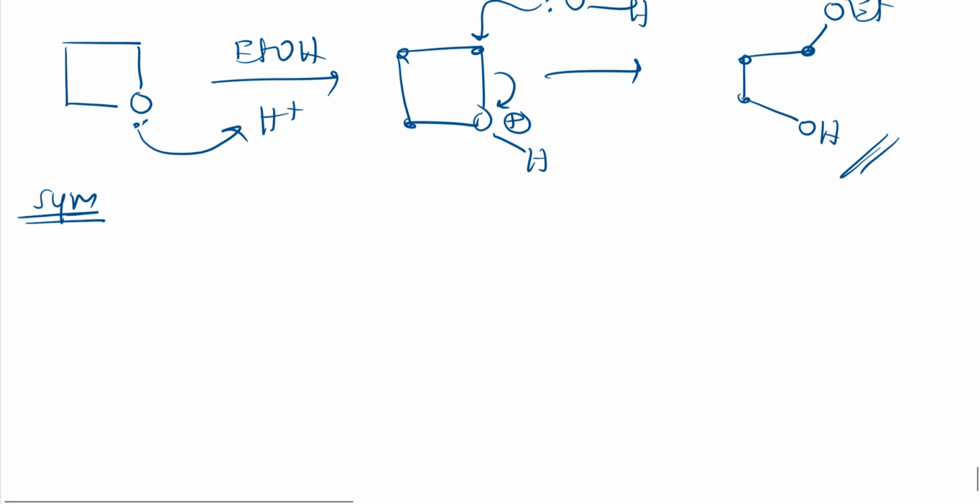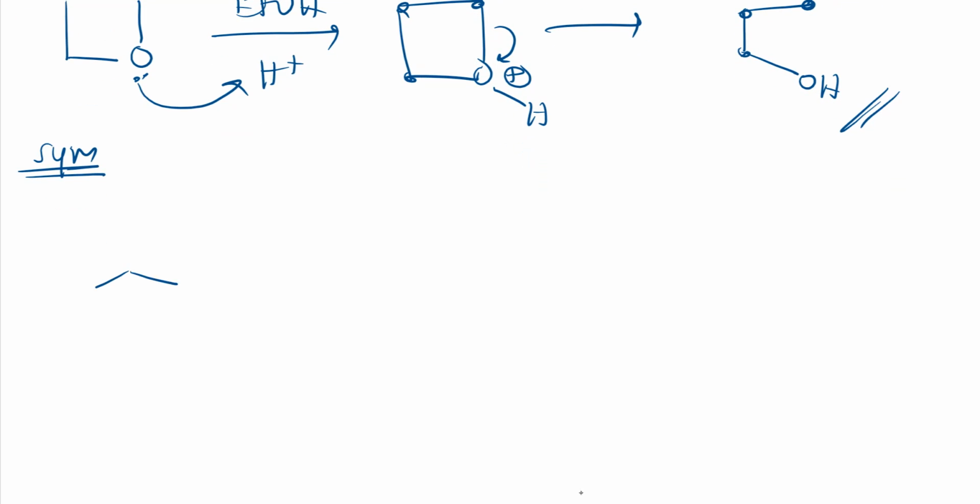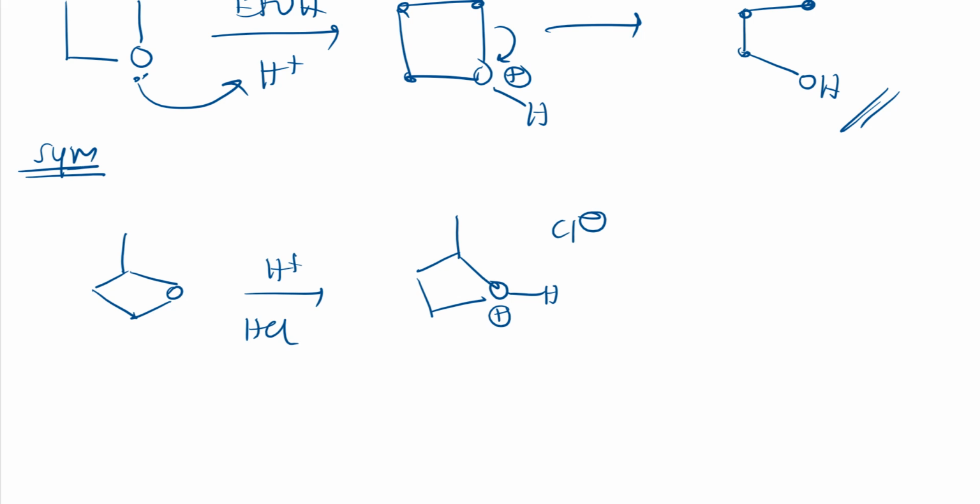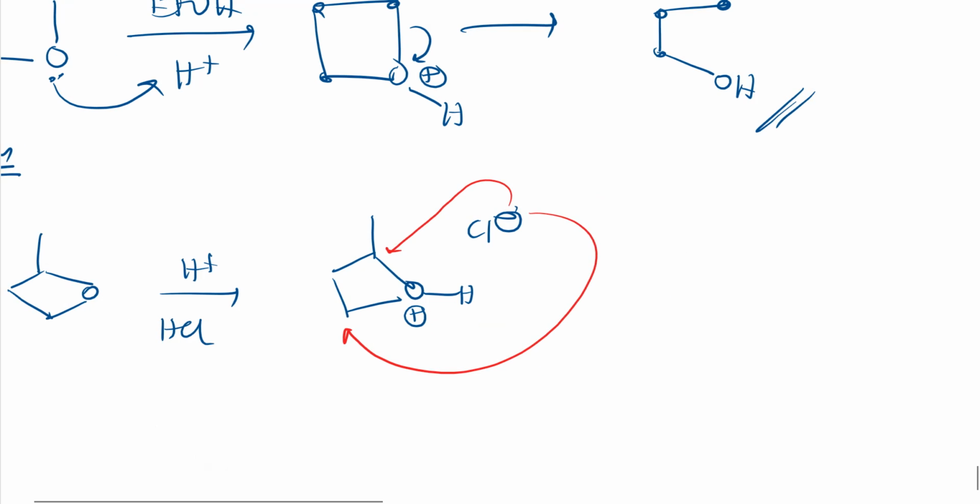If I take an unsymmetrical oxetane like this, then what happens? Similarly, first H plus, so no doubt I'll get this one, oxygen gets positive charge. Now I have got a nucleophile, so I am adding HCl, so the nucleophile will be Cl minus. It has two possibilities, one is to attack here, the other one is to attack here. Where does it attack, right?